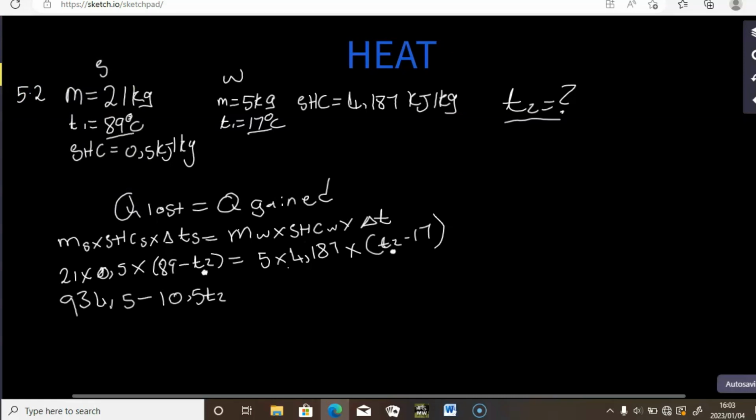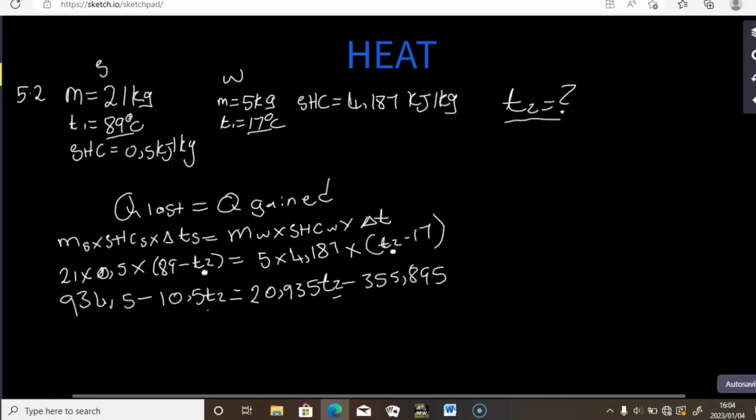We do the same thing here. 5 times 4.187 is equal to 20.935 T2. Then 5 times 4.187 times negative 17 will give us negative 355.895.